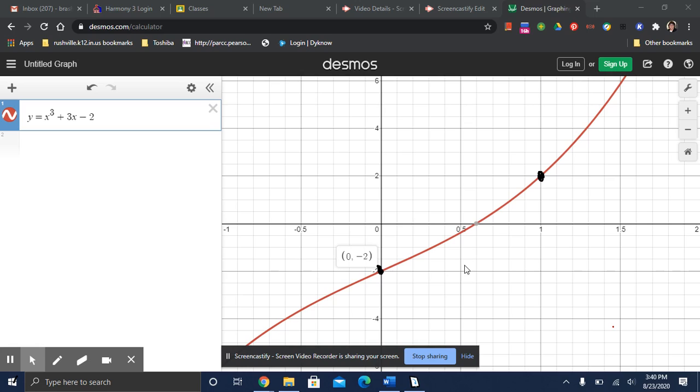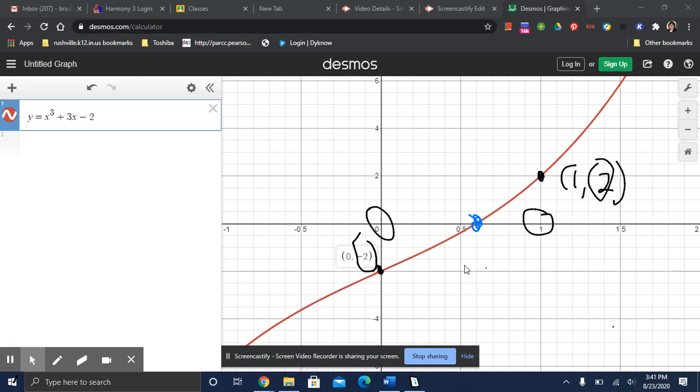So the graph had to cross the x-axis somewhere in between the 0 and the 1, since our y values changed from a negative to a positive, because this was the ordered pair positive 1, positive 2. So since our y values changed from a negative to a positive, our 0 that we were interested in was in between those two y values. They were in between the negative 2 and the positive 2.